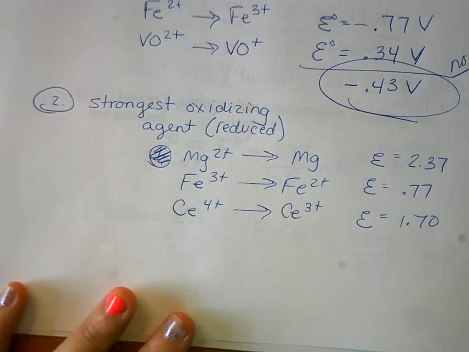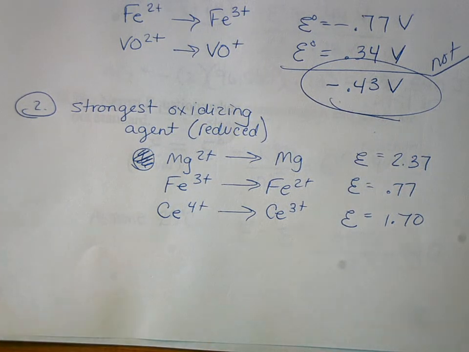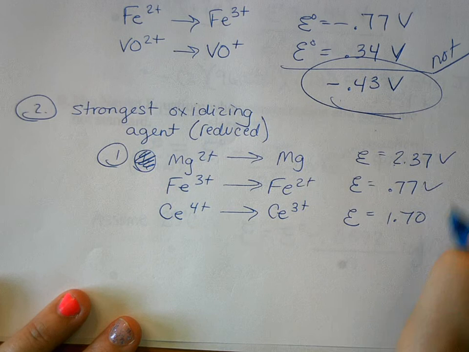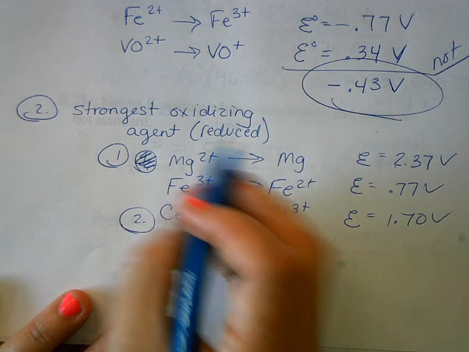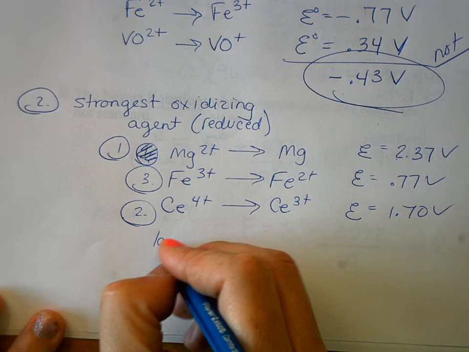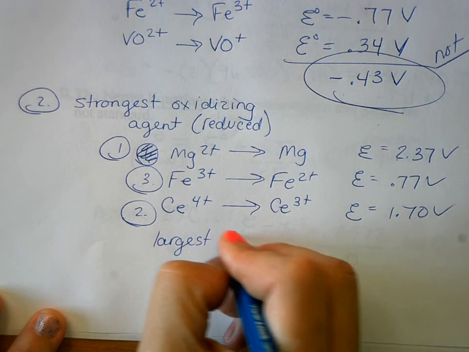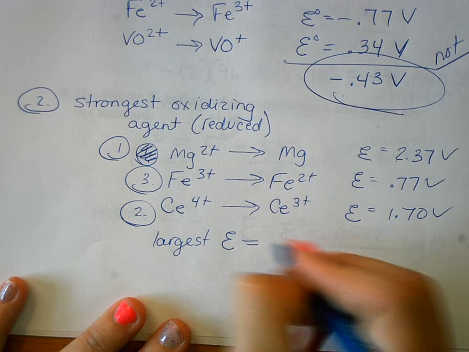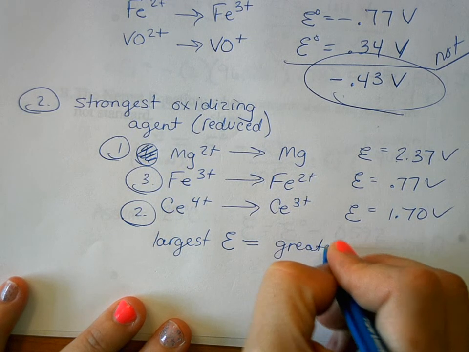You pick the one with the biggest number. So this one would be the strongest oxidizing agent, this one would be the second, and this one would be the third. Okay, so the largest electric potential would be the greater oxidizing agent.